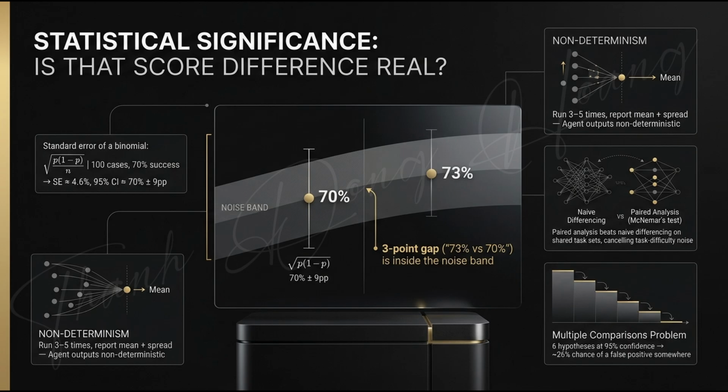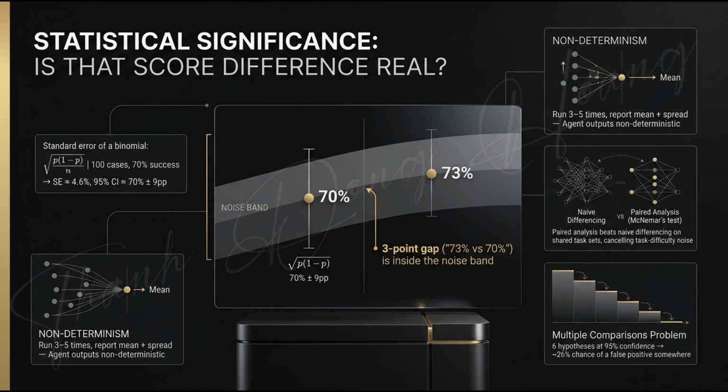Two habits fix this. Run each configuration multiple times and report both the average and the spread, because outputs aren't perfectly deterministic. And when comparing 2 configurations on the exact same set of tasks, use a paired analysis that looks only at the cases where the 2 disagree.